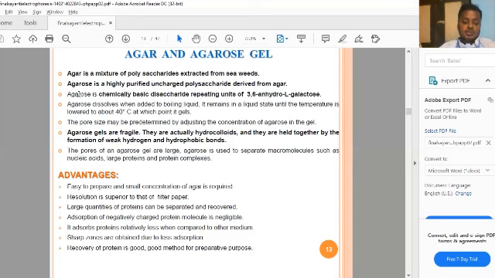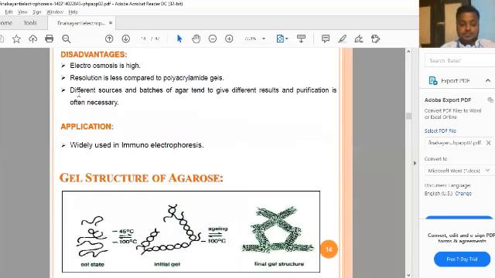Absorption of negatively charged protein molecules is negligible, so protein is absorbed relatively less compared to other media, and sharp zones are obtained due to the less absorption. Recovery of protein is good, and it is a good method for preparative purposes.